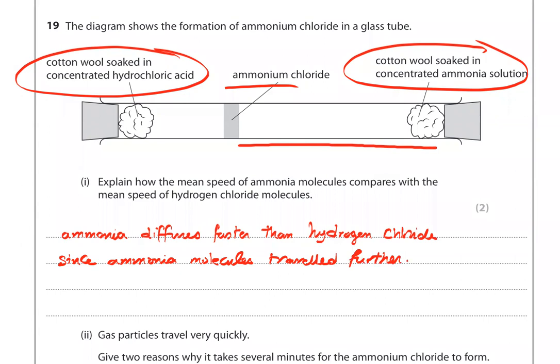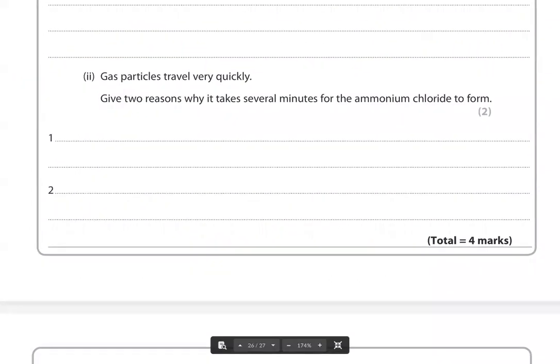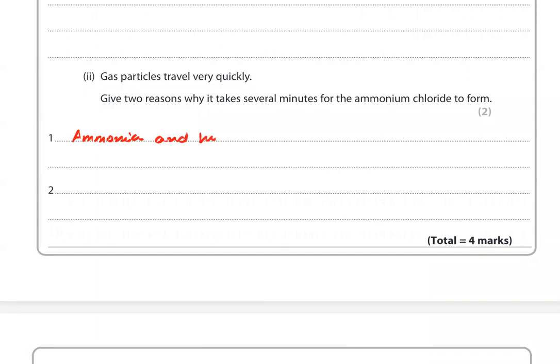Part ii, gas particles travel very quickly. Give two reasons why it takes several minutes for ammonium chloride to form. We said before that the ammonia and hydrogen chloride molecules collide with air molecules. Ammonia and hydrogen chloride molecules collide with the air molecules.